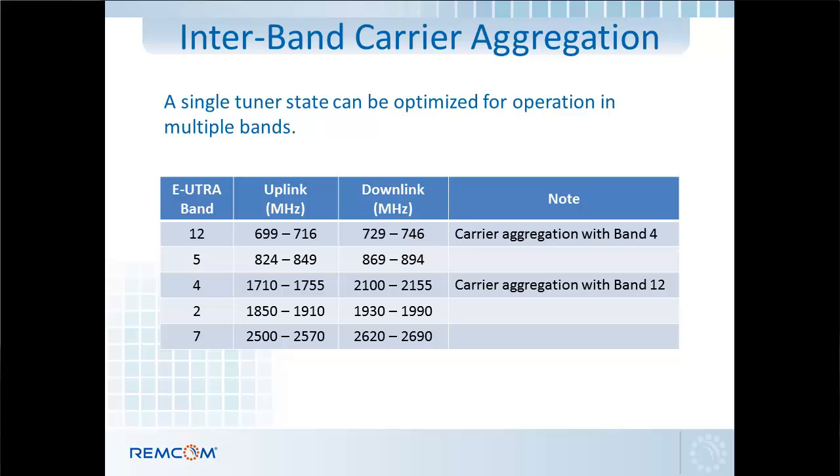However, mobile phone designers are moving towards carrier aggregation so they can speed up the amount of data that's being transferred up or down, and so they're going to want to combine 2 bands. For example, they want to combine band 12 and band 4. CEO is able to recognize this, and you can have 4 tuner states here, where one tuner is able to provide the match over the 2 frequency bands that are interested.